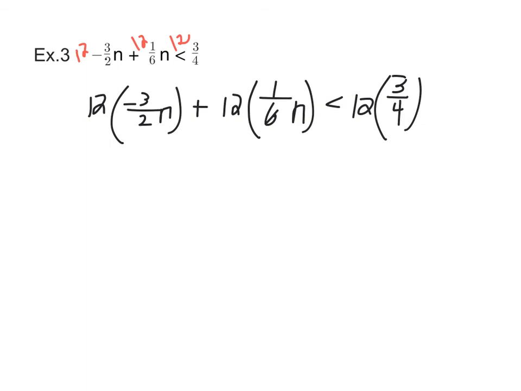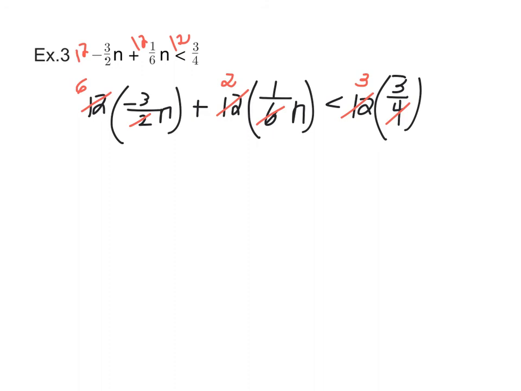And if you chose the correct common denominator, there shouldn't be any more fractions. 2 goes into 12 6 times. 6 goes into 12 twice, and 4 goes into 12 3 times. You'll notice how all of my denominators have now been reduced to 1.